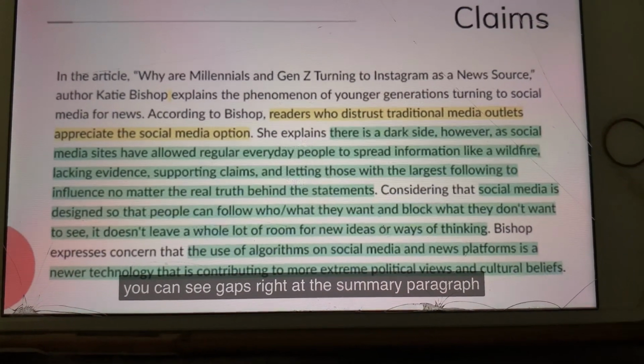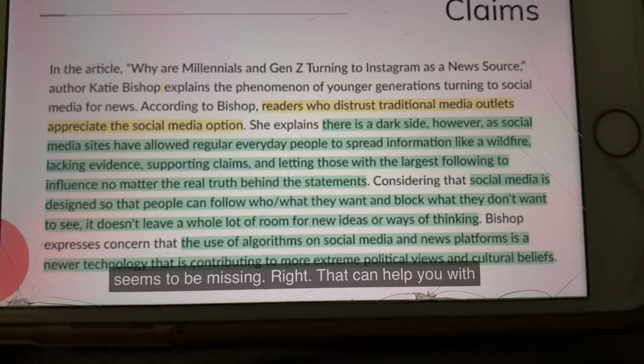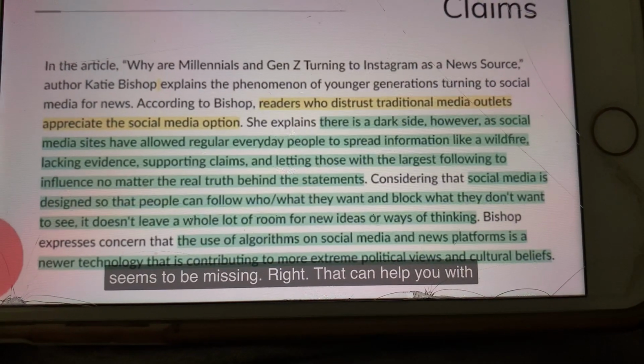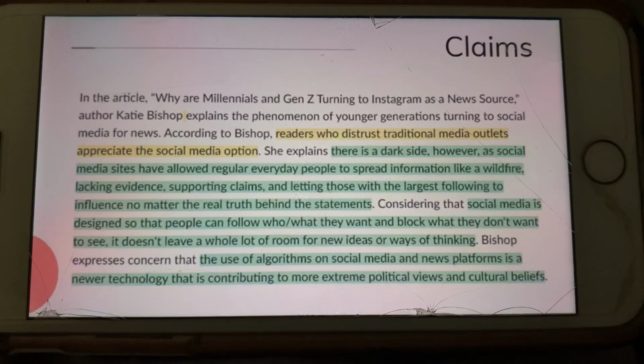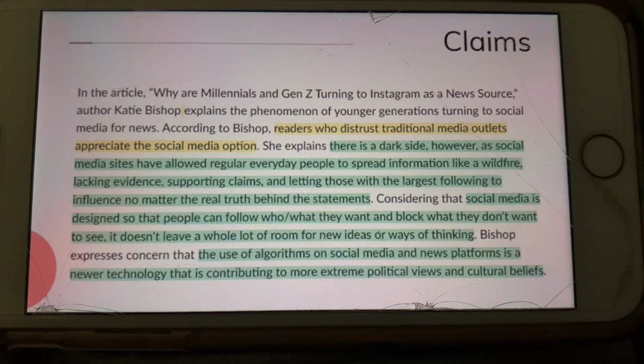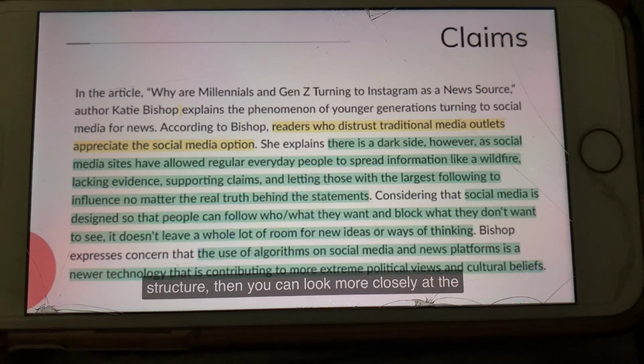If the summary paragraph doesn't make sense, or if there's something that seems to be missing, that can help you with determining whether the argument you're looking at is a strong one. When you have a clear sense of an argument structure, then you can look more closely at the evidence used.